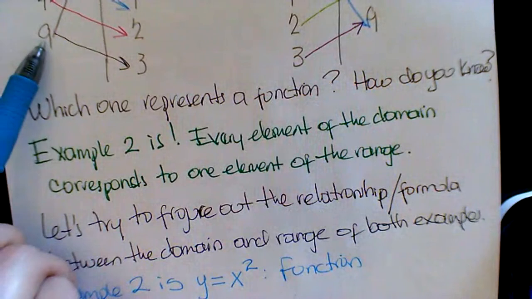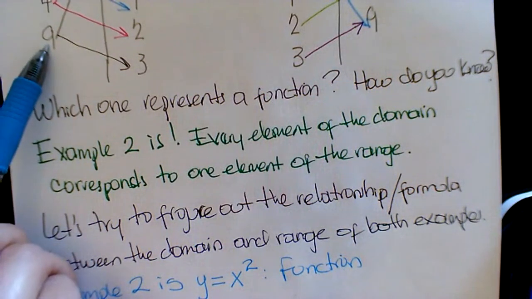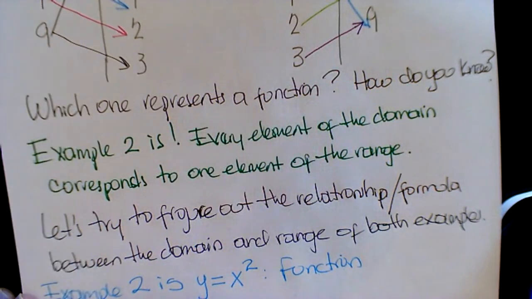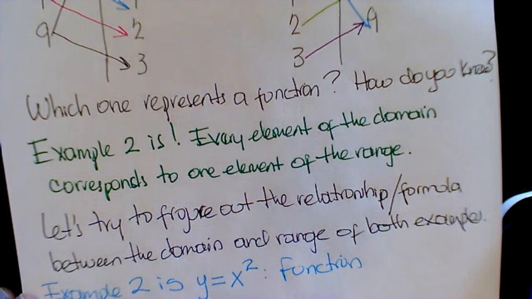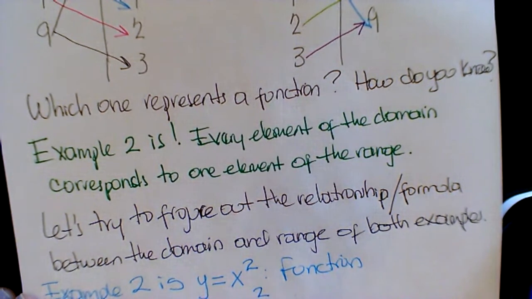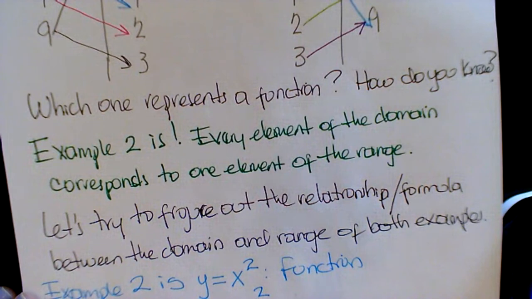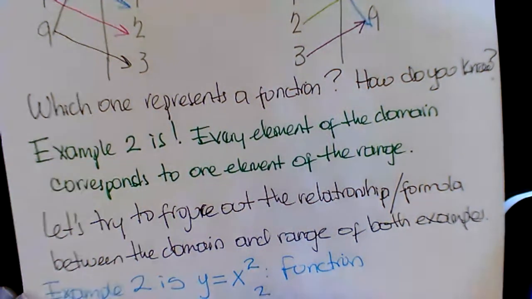And in here, it seems to be the other way around, right? So x is equal to y squared. So this number 9 is equal to y squared. And we said not a function.